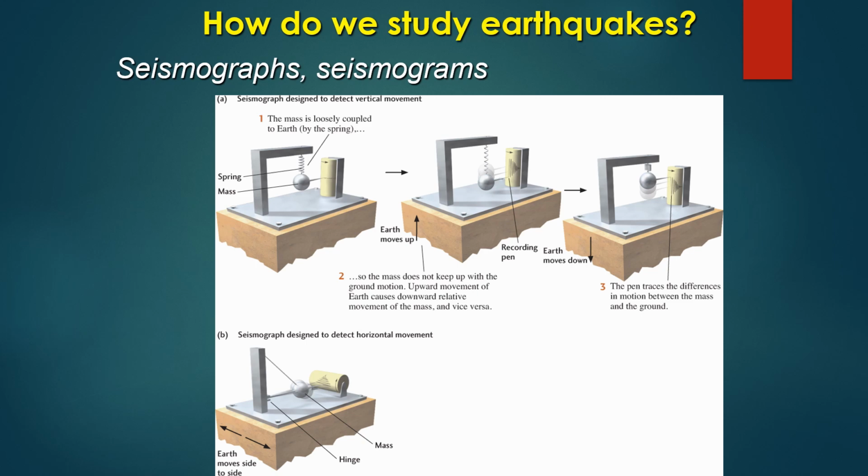The original purpose of the seismograph and the seismograms is to record movements of the ground surface. As shown in the picture, the seismograph is stationed on the ground, and the ball restrained by elastic springs can record movement of the ground in both up and down and lateral motions.